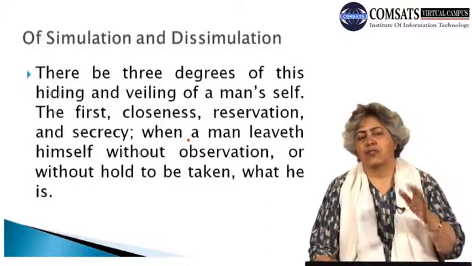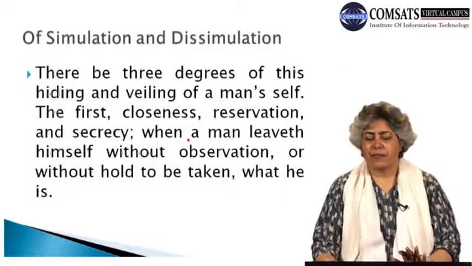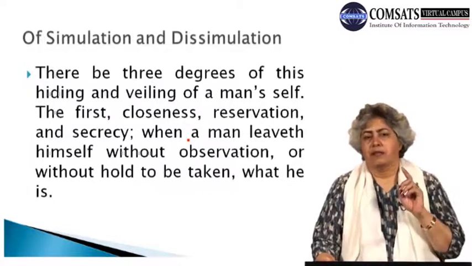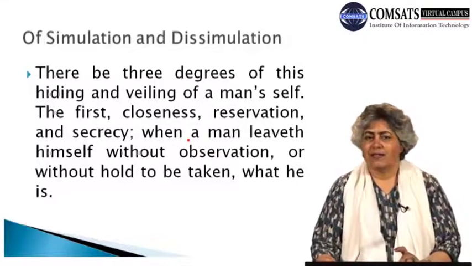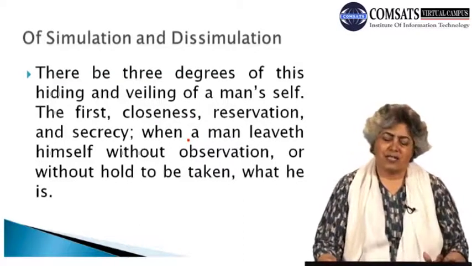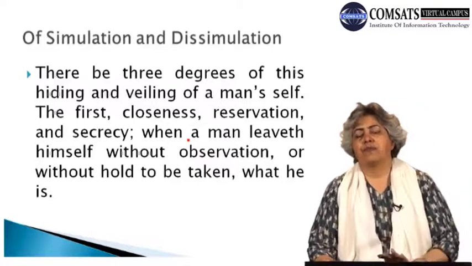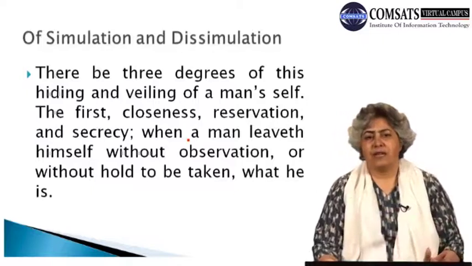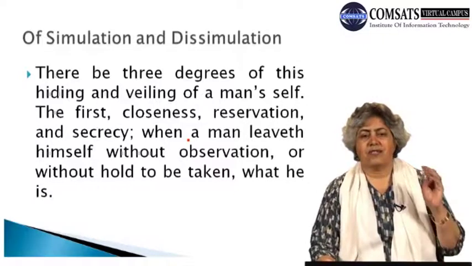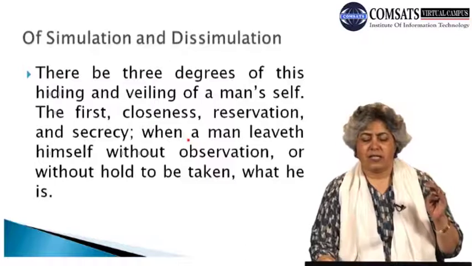And secrecy. So if you want to keep something secret, then you might have to tell lies. Because when you have a secret, it might be someone else's secret that you're not supposed to reveal. So closeness, reservation, and secrecy.